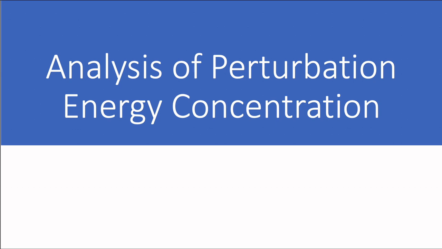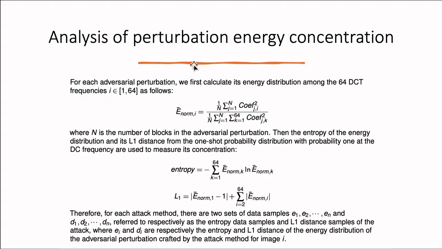In this section we compare adversarial perturbation energy concentration among previous attacks using L1 distance and entropy. For each adversarial perturbation, we first calculate its energy distribution among 64 frequency components, calculated relative to all DCT coefficients in one image.